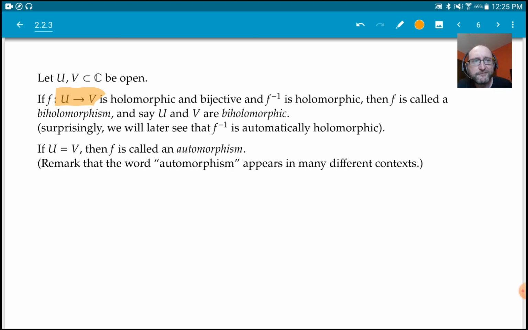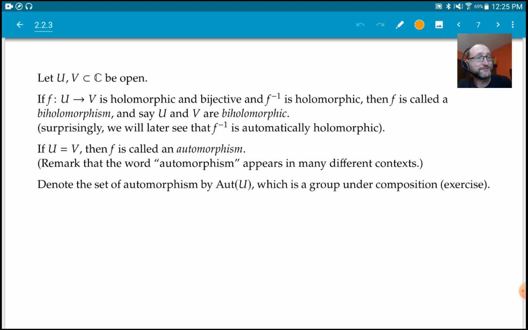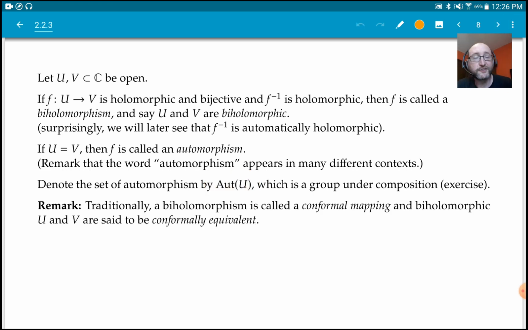So in this case, we mean a holomorphic automorphism of open sets. And the set of automorphisms of U, which we'll write Aut(U), is a group under composition. So the group operation is composition, right? And it's an easy exercise that it actually is a group. So it's usually called the group of automorphisms or the automorphism group.